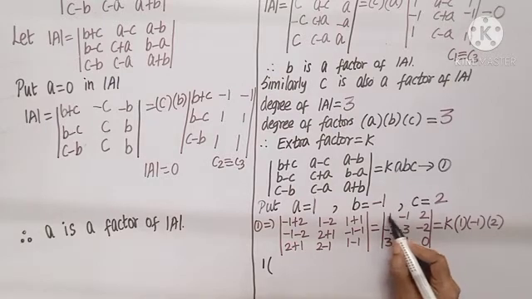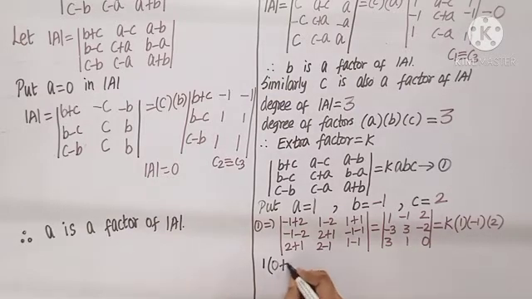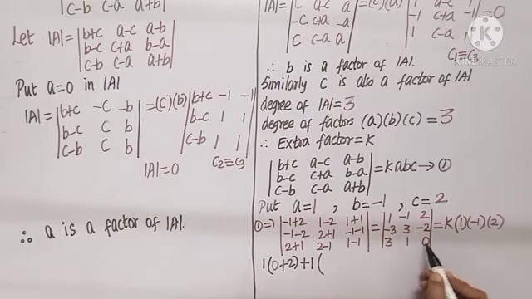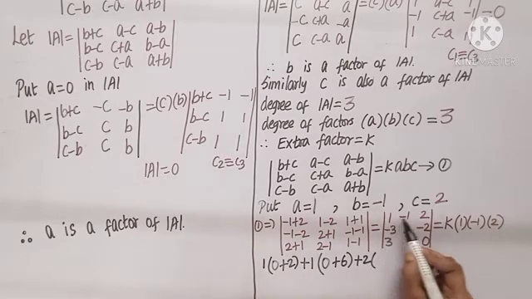1 into hide the row, hide the column. I get 0 plus 2. Minus of minus 1 becomes plus 1 into hide the row, hide the column. 0 plus 6, plus 2 into hide the row, hide the column. Minus 3, minus 9.